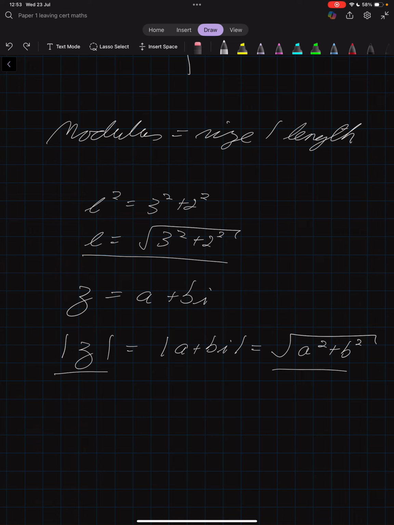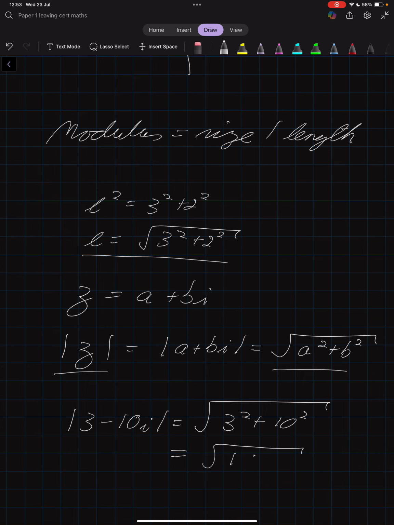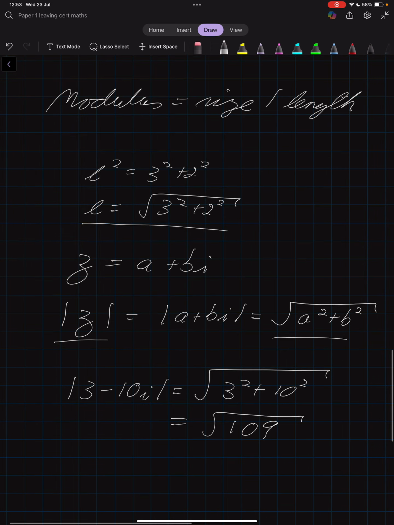So just a quick example. They might ask you to find what's the modulus of 3 minus 10i. You would simply say the square root of 3 squared plus 10 squared, which is the square root of 109. That's it. You're done. Same thing.